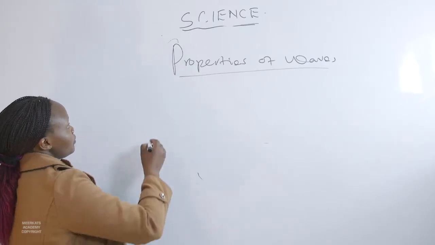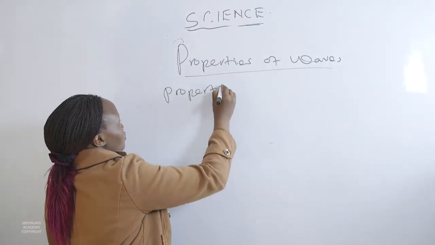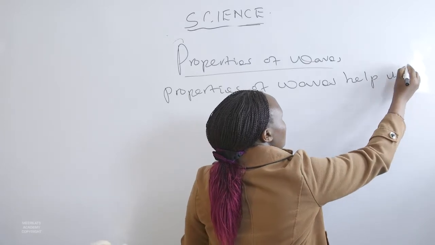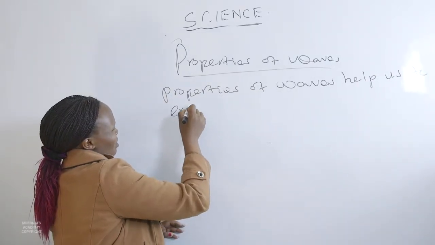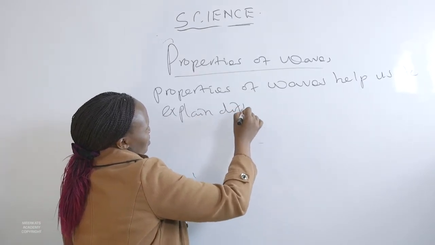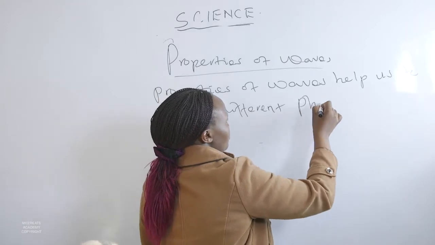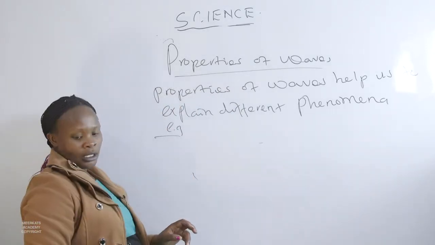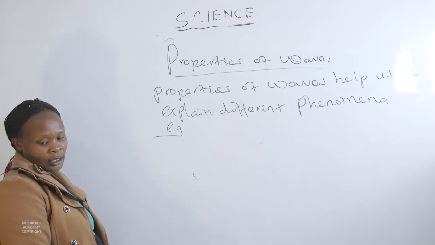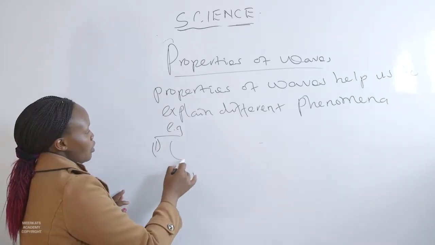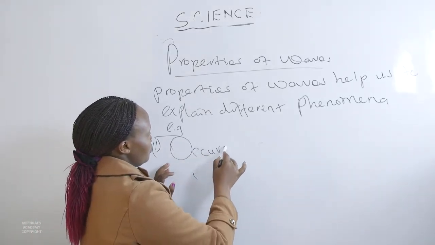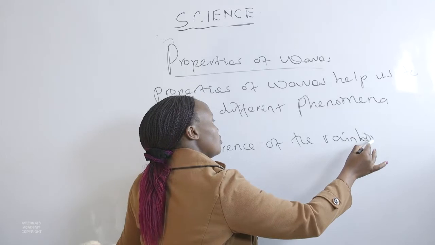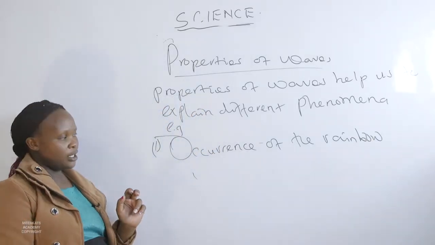For example, through the study of these properties, we can explain the occurrence of the rainbow, we can explain how a rainbow occurs.